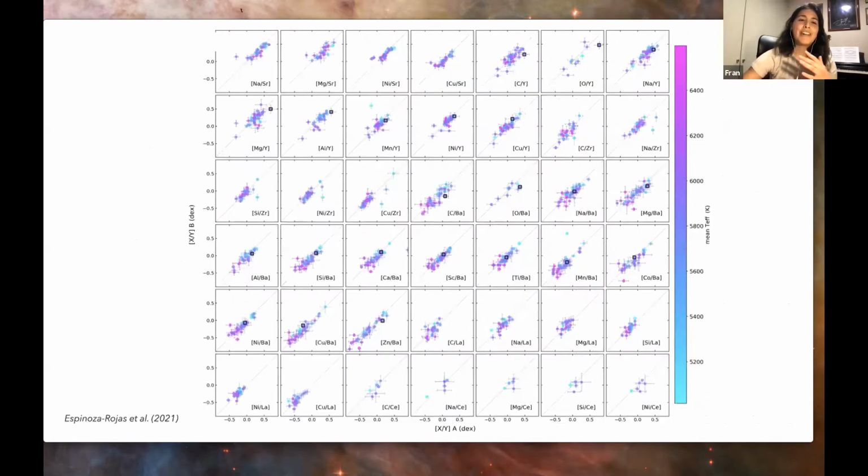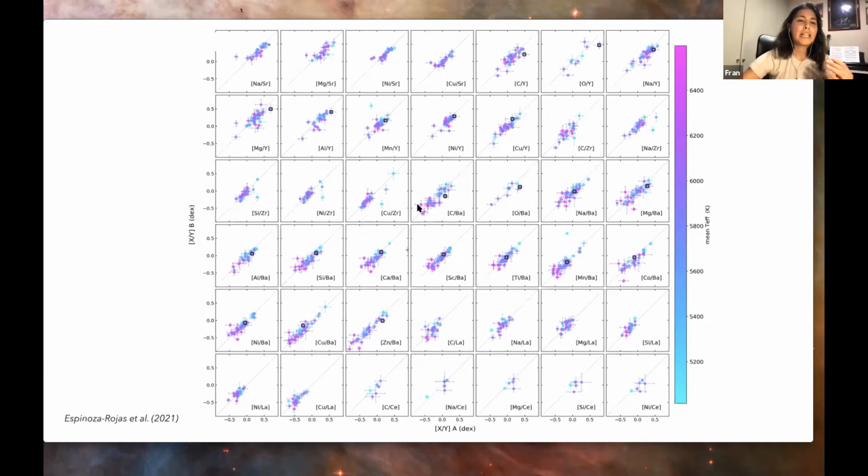Even though not everything can be perfect, sadly, and this is no exception, since our sample is a compilation of many systems from the literature, there are some systematics affecting our chemical clocks. This is because they have been studied with different methodologies, different line selections, and different, for example, hyperfine structure treatment.